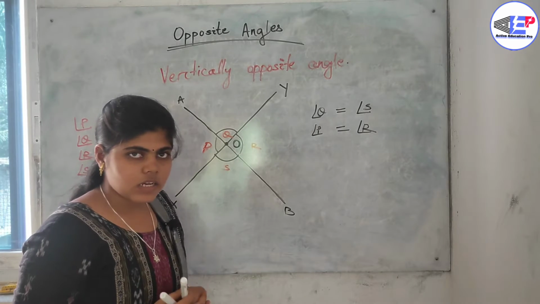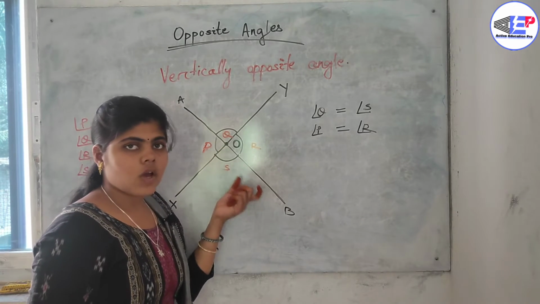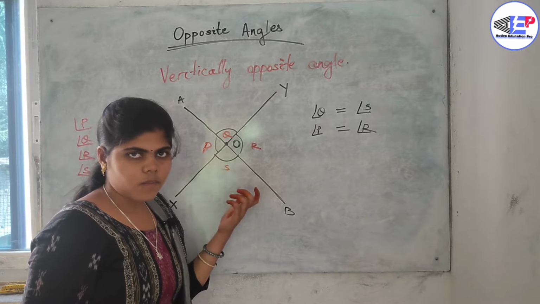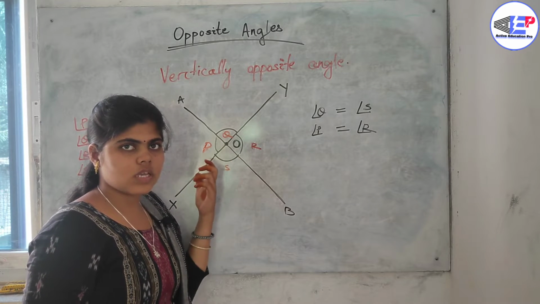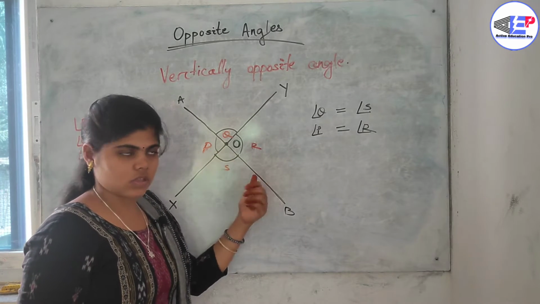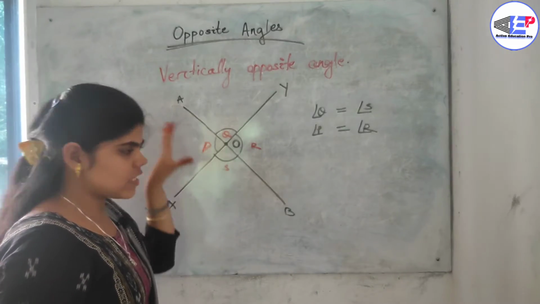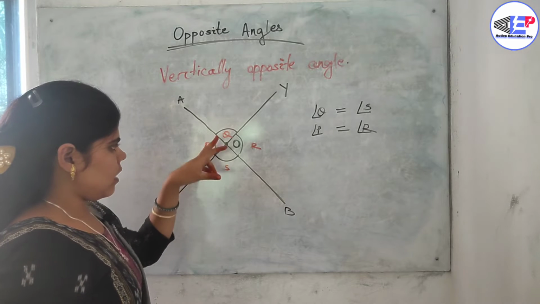Once again I repeat how these angles are formed: when two lines or two line segments intersect at a common point or pass through each other. O is the common point for both line segments AB and XY.